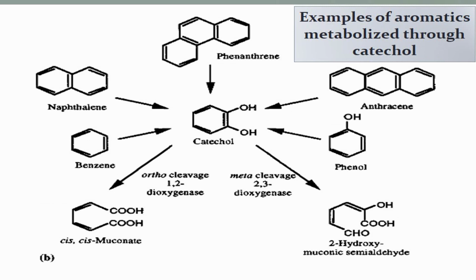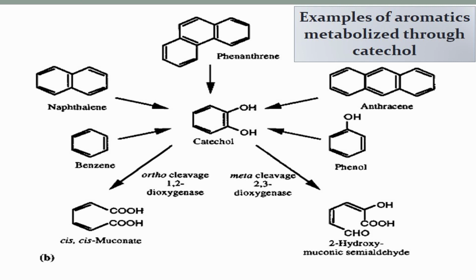This figure shows some examples of aromatics metabolized through catechol. You can find many compounds like phenanthrene, anthracene, phenol, naphthalene and benzene. All of these aromatic compounds can be degraded to catechol.